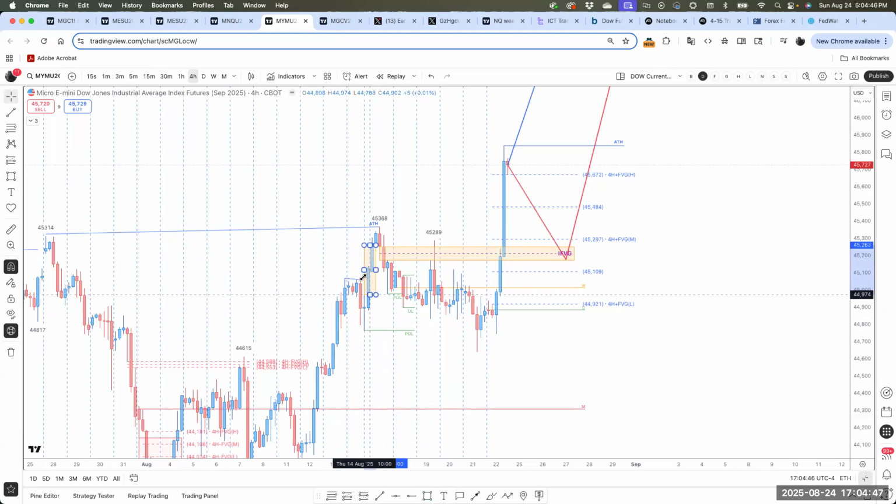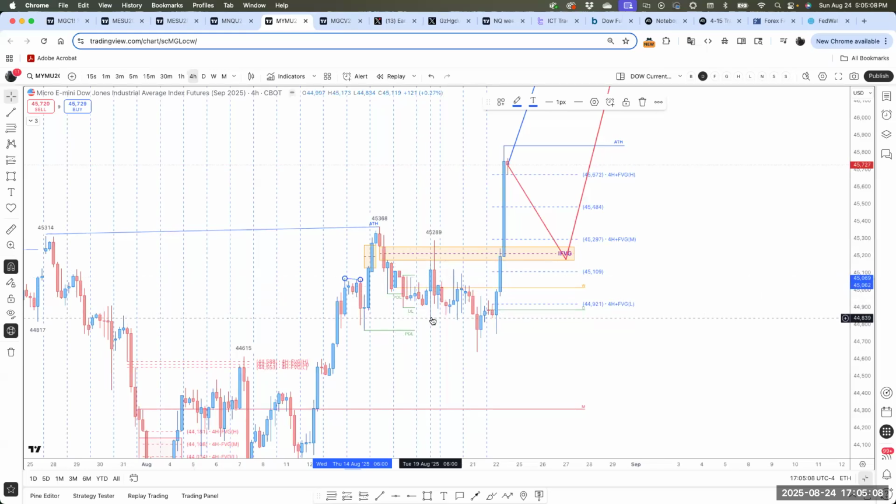But let's just focus on this one because this one actually took the high, right? Price took these highs, made a new high, tried to come back into it, traded below it, traded lower, traded underneath, used this high to sell off, right? Came back into it again. Now we got a new fair value gap. So the next time we come back into it is using that fair value gap that we created.